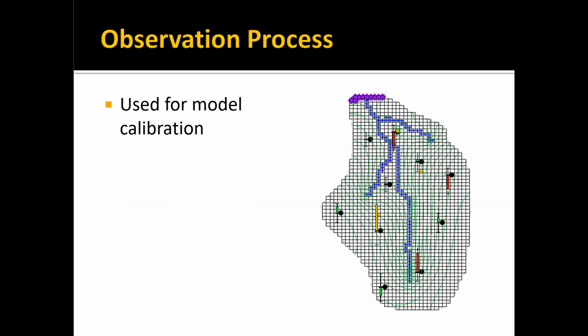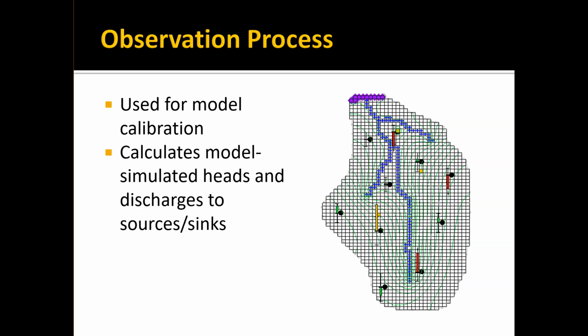And then finally, in terms of processes, there is the observation process, which we use for model calibration. And what it does is you input a set of observed heads at individual points or cells in the grid, and you can also input observed discharges or gains or losses from rivers, streams, lakes, and so forth.